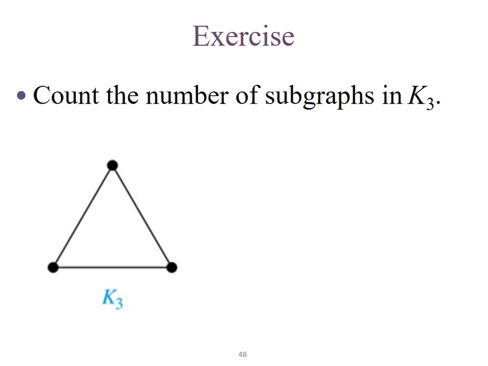In this case, we label the vertices A, B, C. Now, how many different subgraphs will we have?